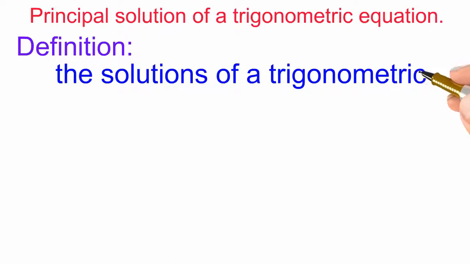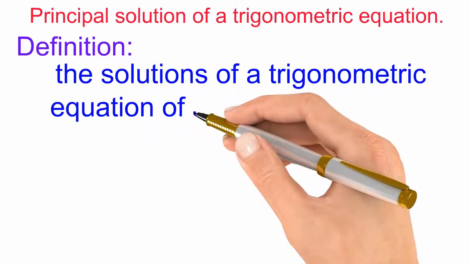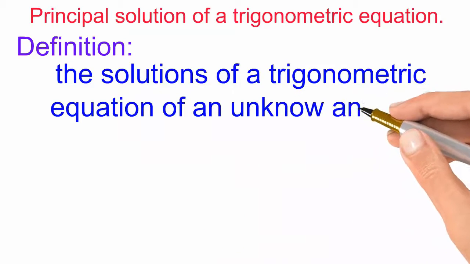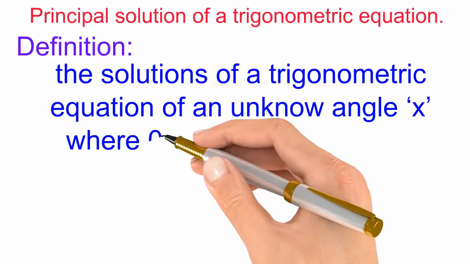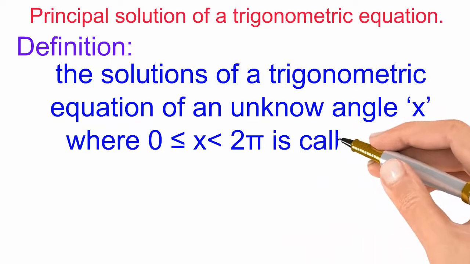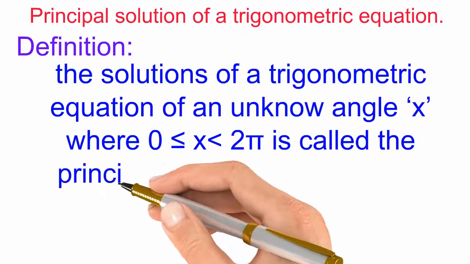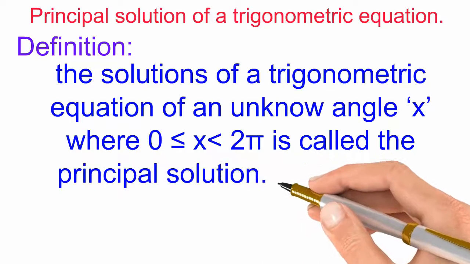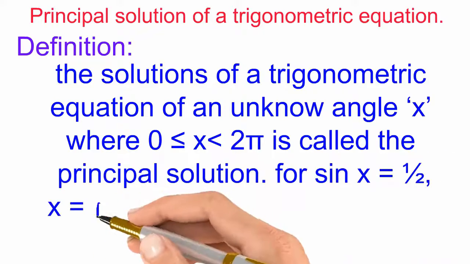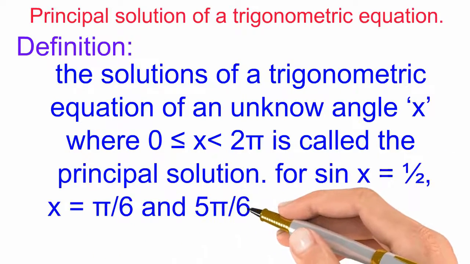Definition: the solution of a trigonometric equation of an unknown angle x, where x is greater than or equal to 0 and less than 2 pi, is called the principal solution.